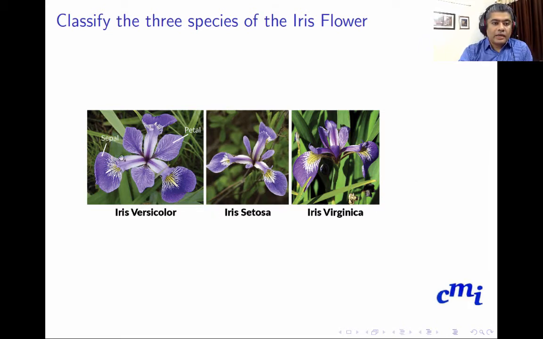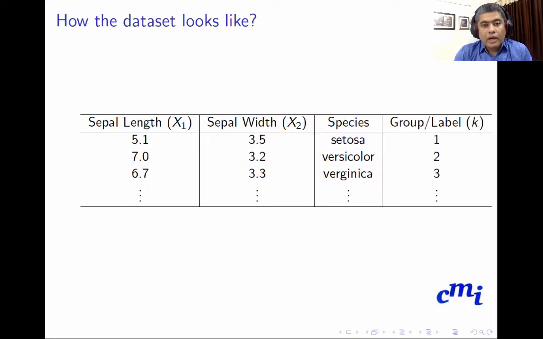In the data set, they have measured two things. This part of the flower is called the sepal and this part is called the petal. So they have measured the sepal length and sepal width, and the petal length and petal width. There are four phenotypes available in the data set, but in this motivating example, I am using only two, sepal length and sepal width.